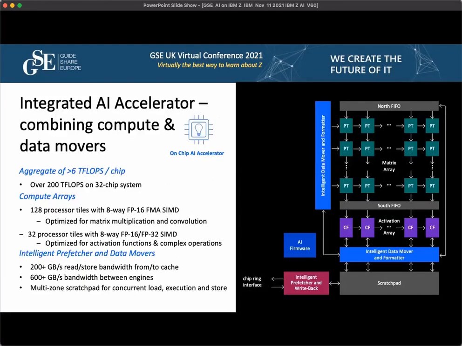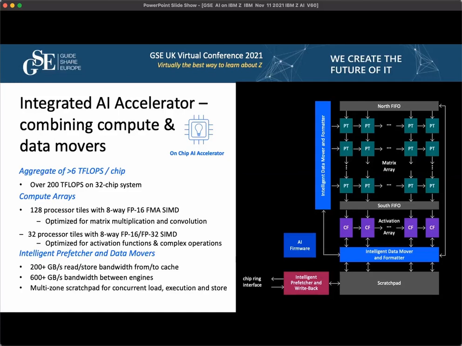Just for the geeks out there who really want to see the design of the accelerator, you can see some more details here and some stats. You can have over 200 teraflops of horsepower on a full 32 chip system. In terms of the accelerator itself, you can have up to 128 SIMD engines that process operations such as matrix multiplication and convolution.